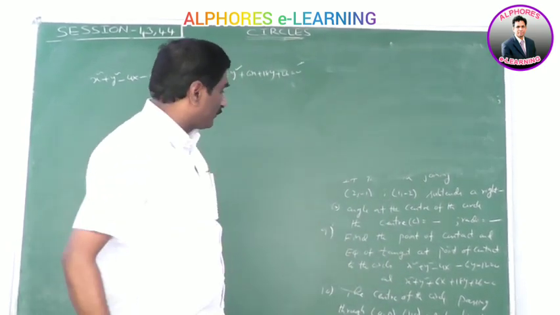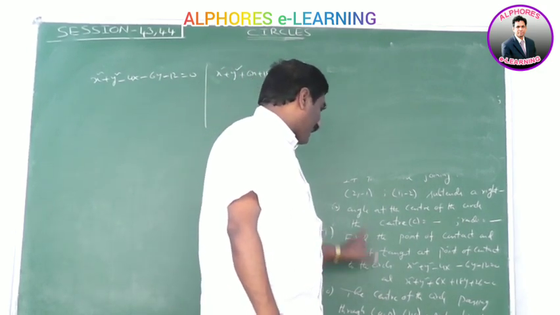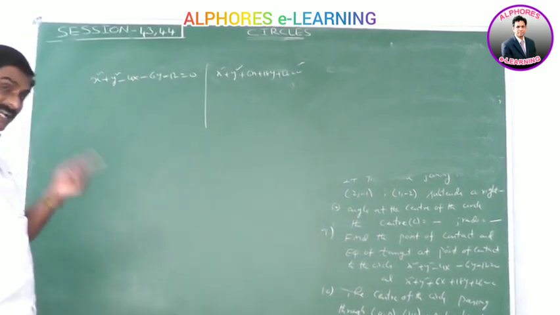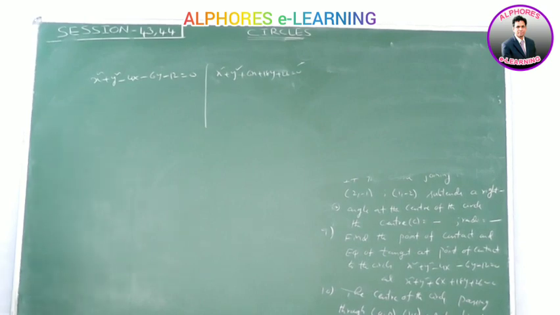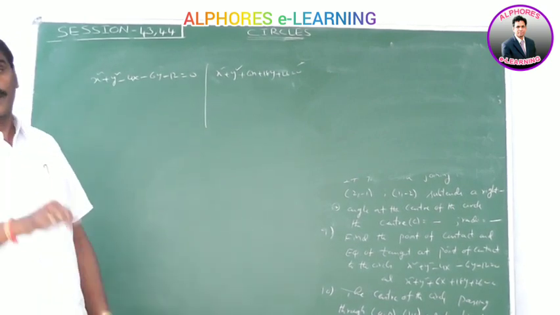In this case we find the point of contact and the equation of the common tangent at the point of contact. First we identify whether the circles are touching each other internally or externally.